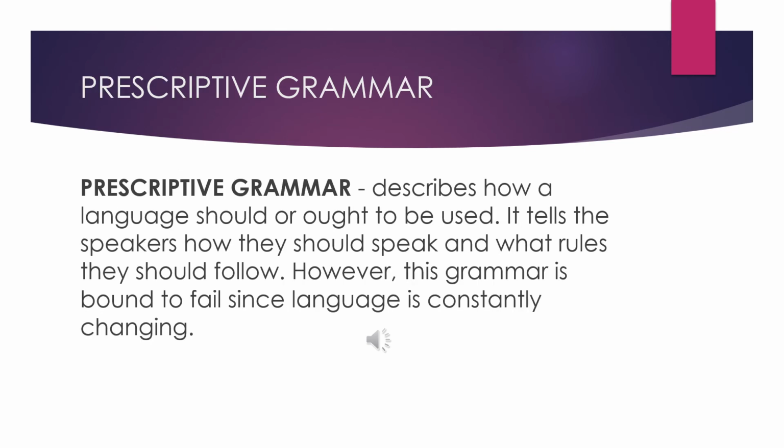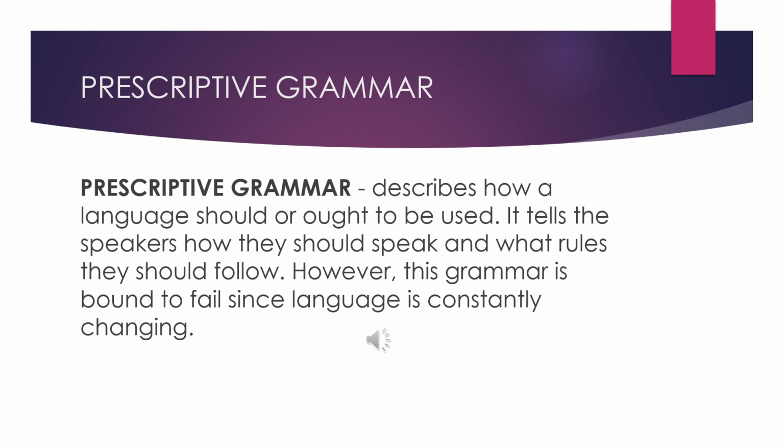Last but not least is prescriptive grammar. Prescriptive grammar describes how a language should or ought to be used. It tells the speakers how they should speak and what rules they should follow. However, this grammar is bound to fail since language is constantly changing. Prescriptive grammar, in other words, means that we have to follow the set of rules when it comes to grammar.